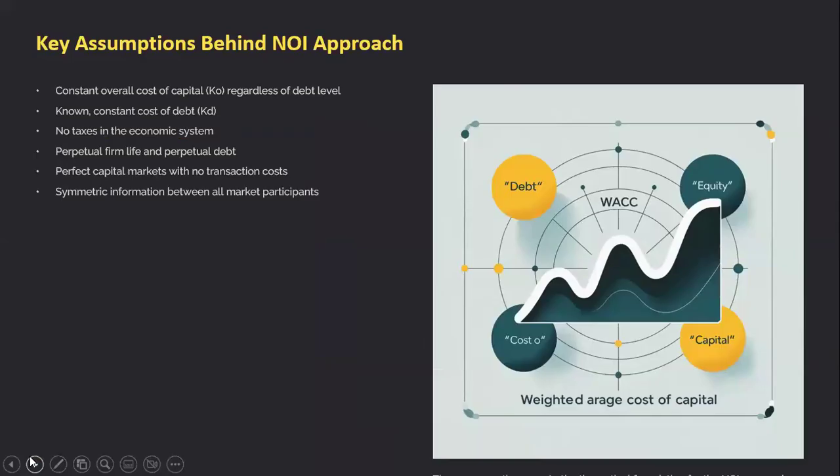So to repeat again, what are the key assumptions? Cost of equity, cost of debt, and economic system remain constant. The value of firm will not be affected by any composition or mixture of equity and debt. In the market, all the people have symmetric information.